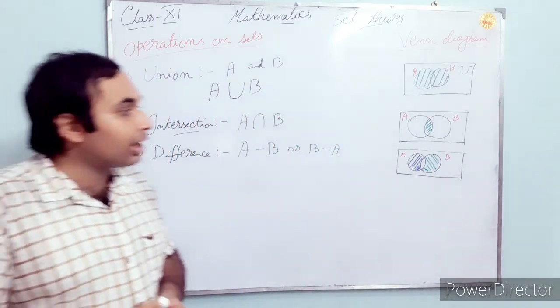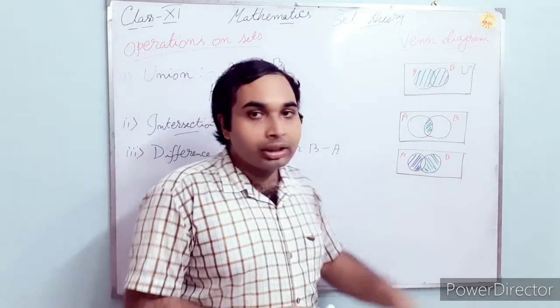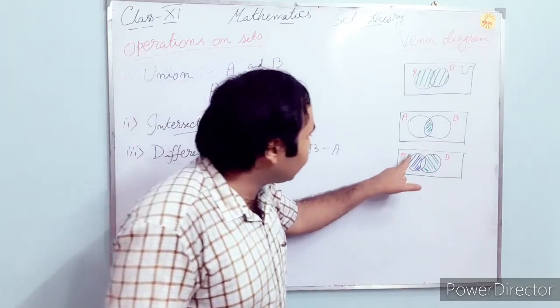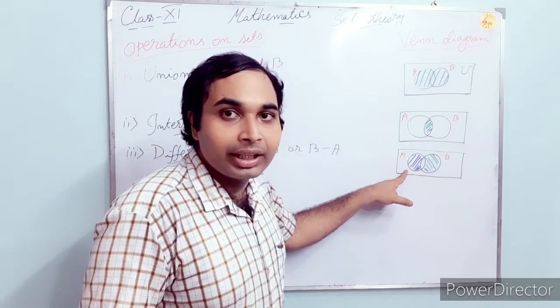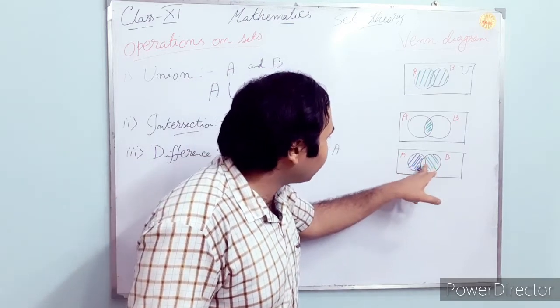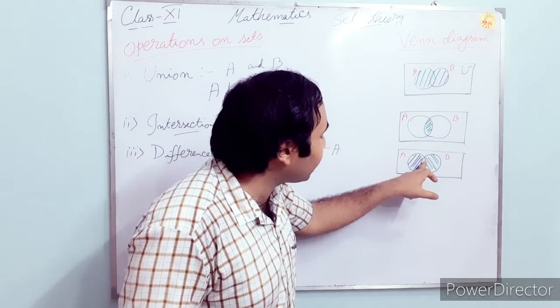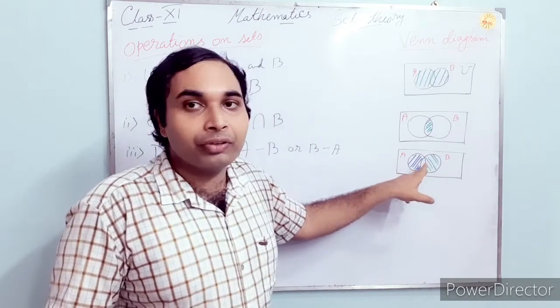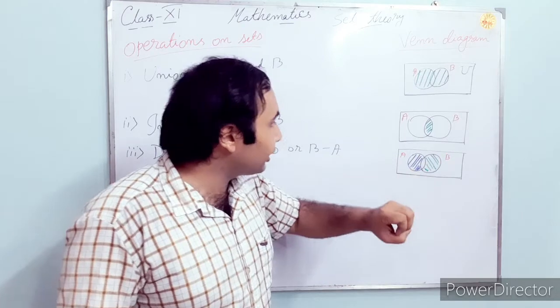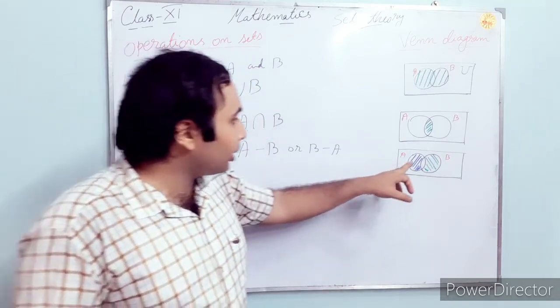Here two sets I have given. One is blue and another is green. Here just see, this is the A set. This circle is the A set. So from here, this non-shaded region is the intersection, that is the common part of A and B. If we just take it off, then what remains?